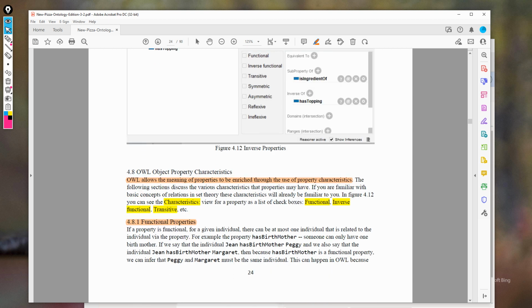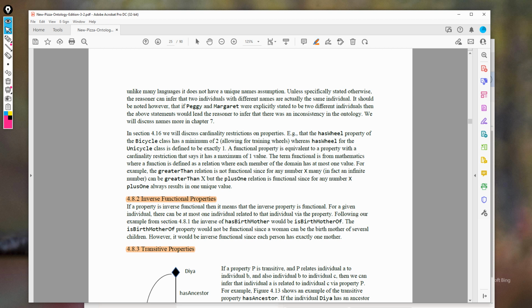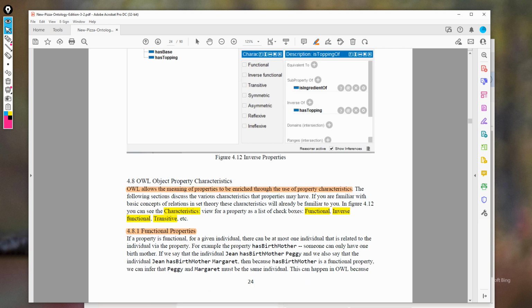Let's talk about the functional properties. The idea of the functional property, let me just give you an example. Remember my teaching method, especially for this topic: for you, it's learn by examples, and for me, it's teach by example.